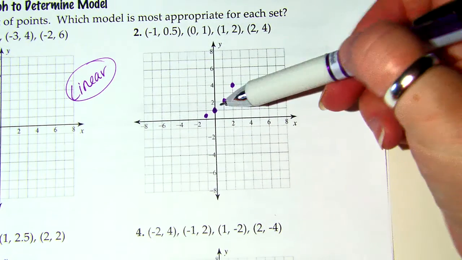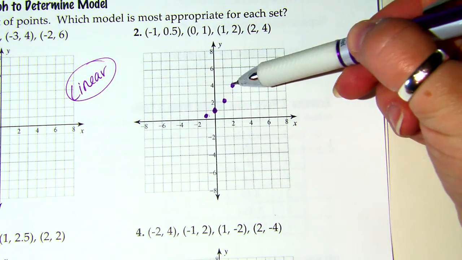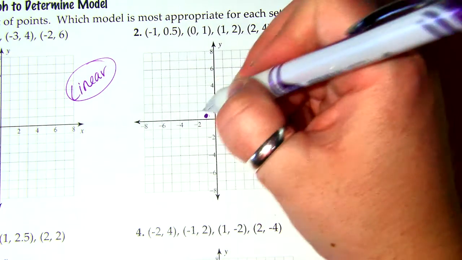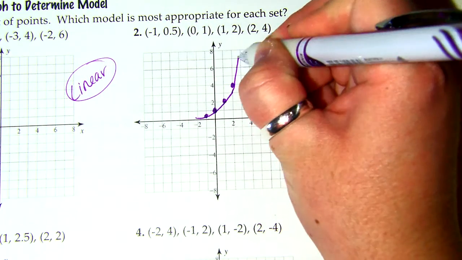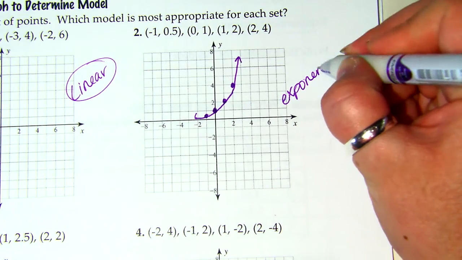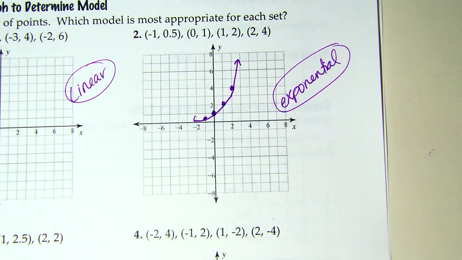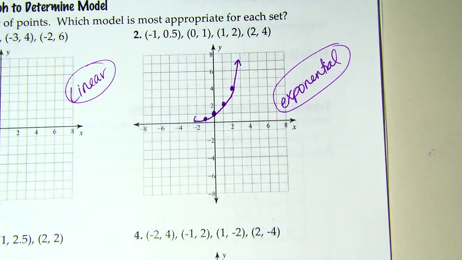This one only went up 0.5, this one up 1, that one up 2, so it's not consistent. So it is curving like that, which means it's exponential. All you're doing on those is plotting the points and determining, is it linear or exponential based on whether it's a straight line or curved.